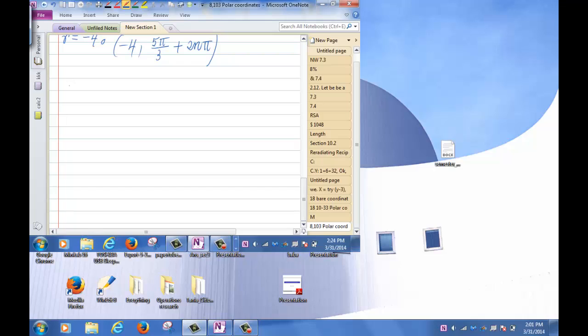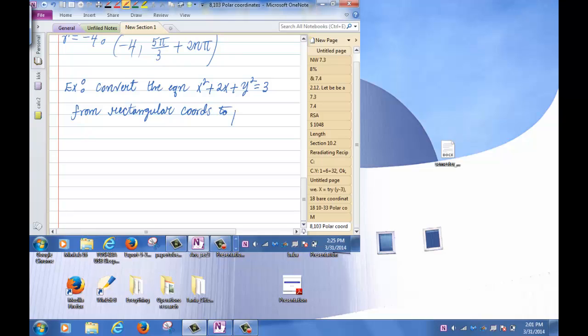Let's say you want to convert the equation x squared plus 2x plus y squared equals 3 from rectangular coordinates to polar coordinates.